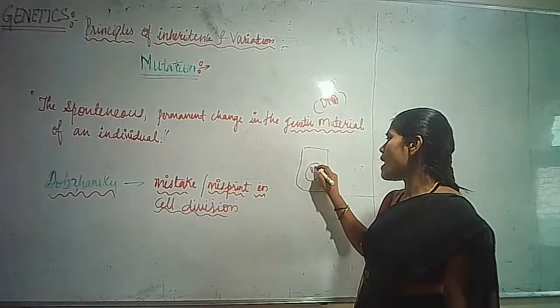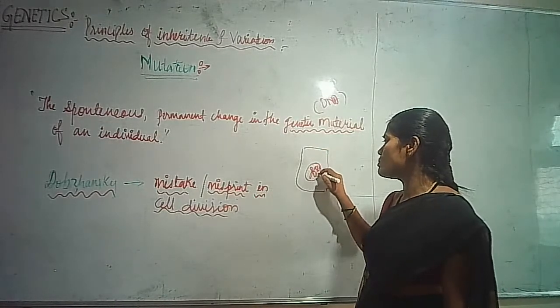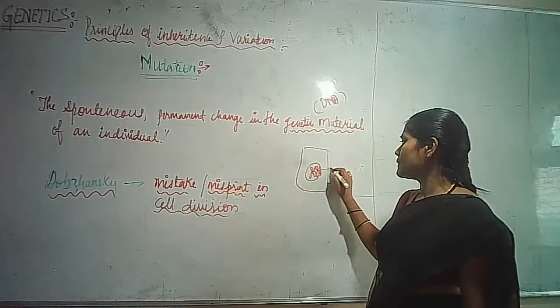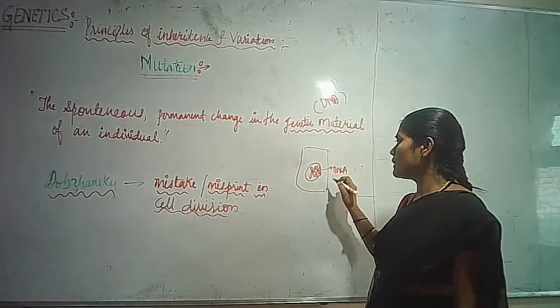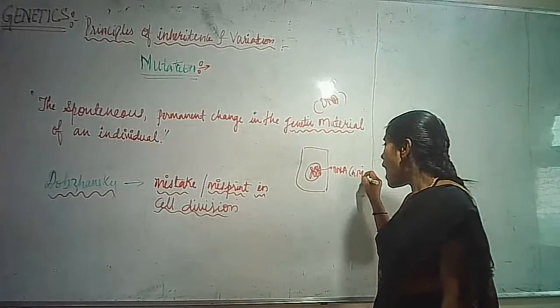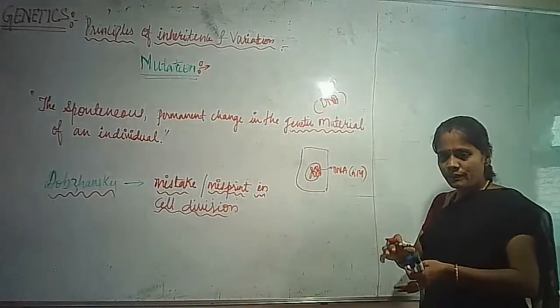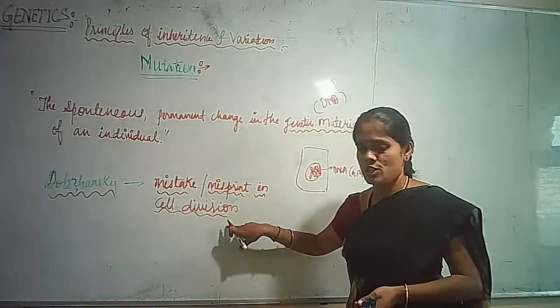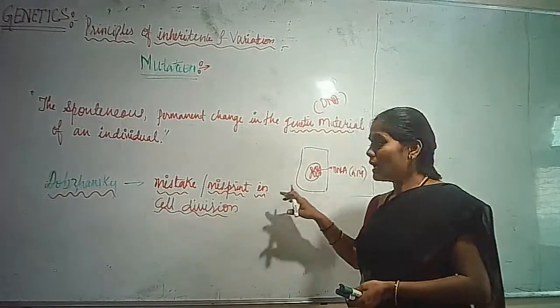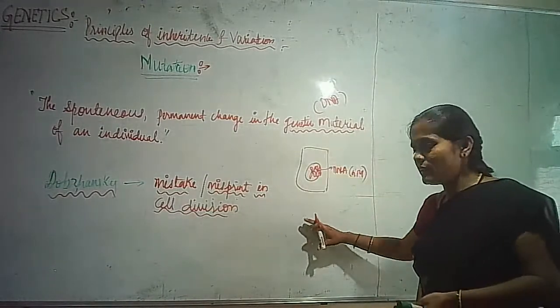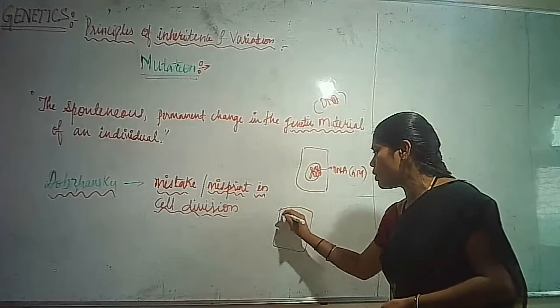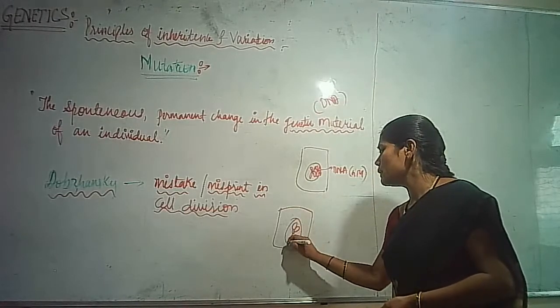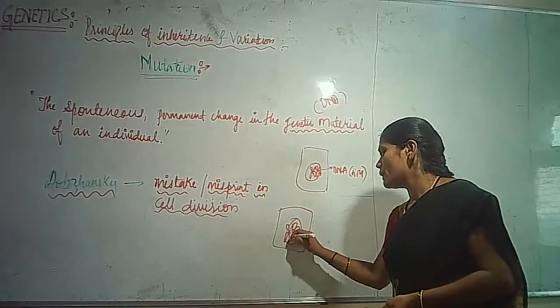The nucleus has the chromosomes, and the chromosome consists of DNA. This DNA, the genetic material, has to be doubled during cell division. Why? Because we want two same copies, so the material should be doubled before it is copied.